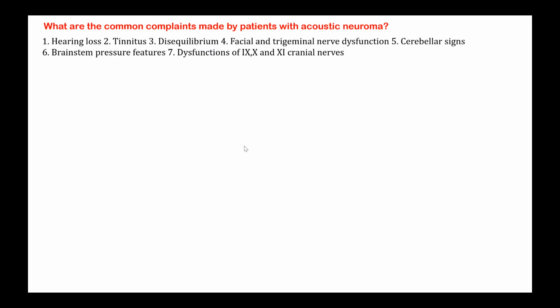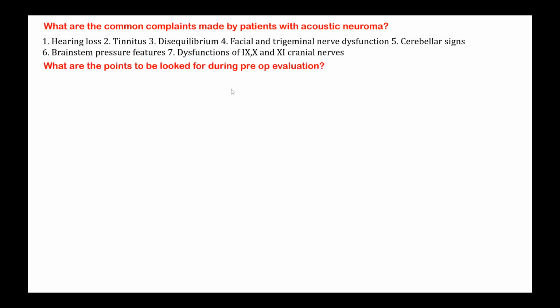Now, the second important thing, what are the common complaints in the history of this patient? They will have sensorineural hearing loss and tinnitus, they may have disequilibrium or unsteady gait, they may have facial or trigeminal nerve dysfunction and brainstem pressure features, dysfunction of the cranial nerves which are close by.